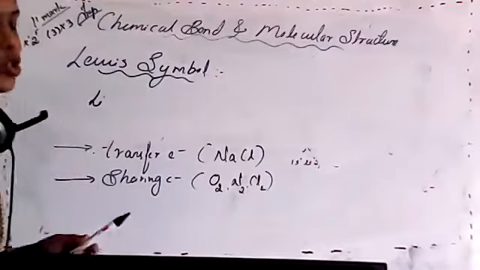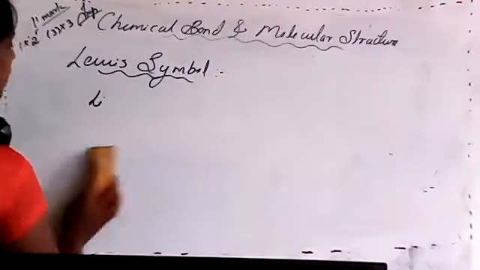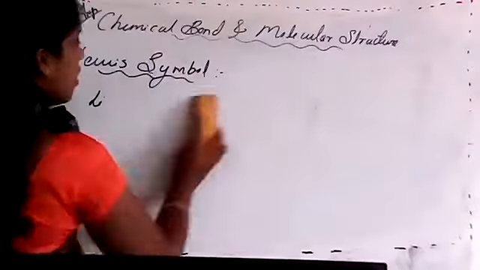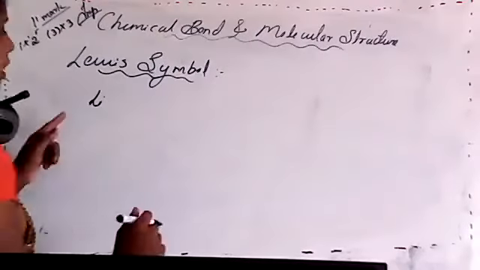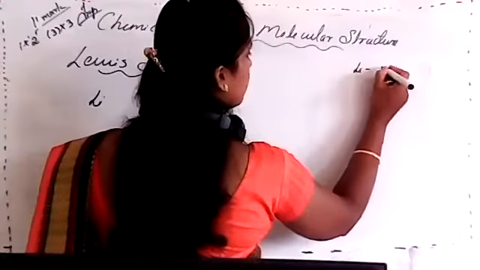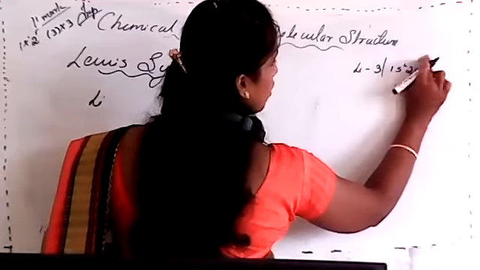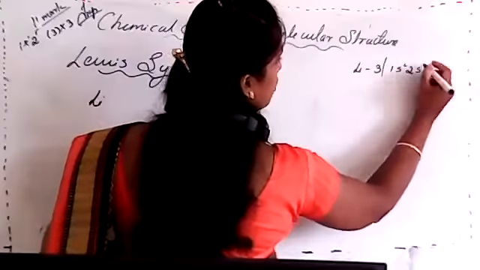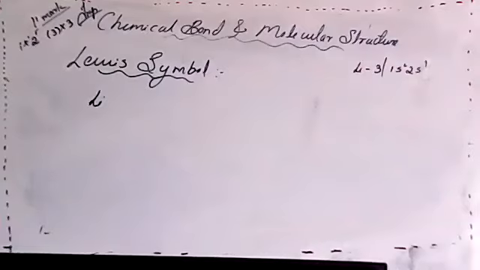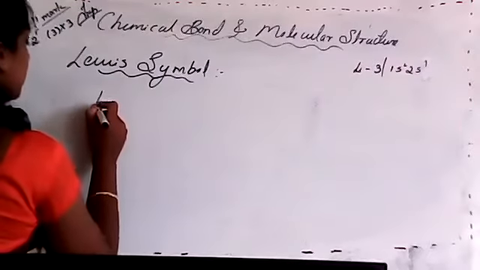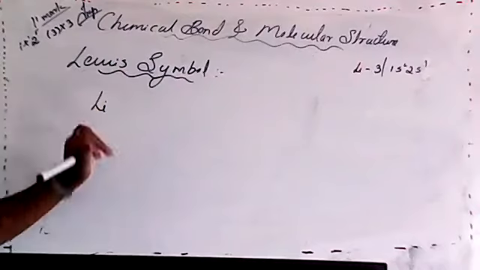How many valence electrons are there in lithium? In case of lithium, atomic number is 3: 1s2, 2s1. Now what about the Lewis symbol?